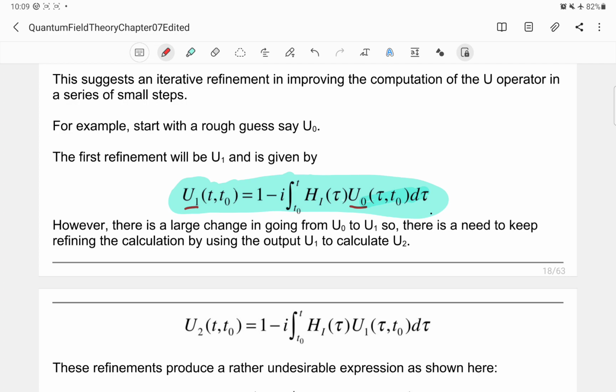You can note that there's a large change in going from U0 to U1, so there's a need to keep the refinement going. Of course, you can go to U2, and then of course you have U1 on the right side, which is given by this.